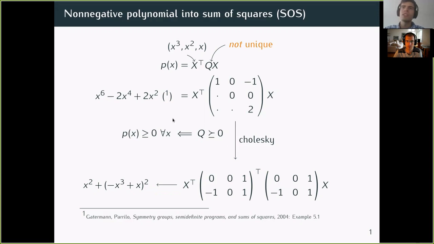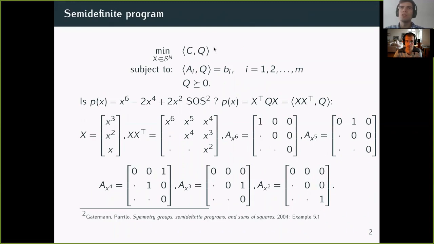And so in fact, this is a semi-definite program. A semi-definite program is something like this. You can think of this scalar product as the trace of the product A_i Q, and here the trace CQ. And the A_i are in fact related to this matrix. So we want basically to find a Q such that we have this equality where X contains some monomials.